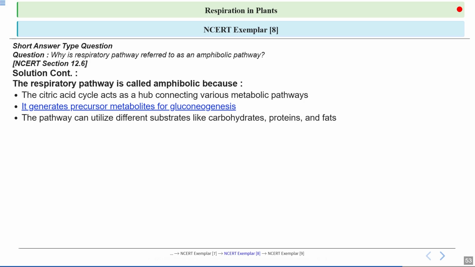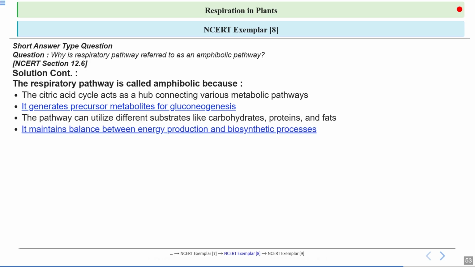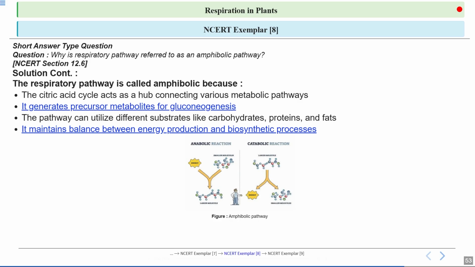This pathway is also versatile because it can utilize different substrates like carbohydrates, fats, and proteins. The amphibolic pathway helps maintain a balance between energy production and biosynthetic processes. And therefore, the respiratory pathway is referred to as an amphibolic pathway.